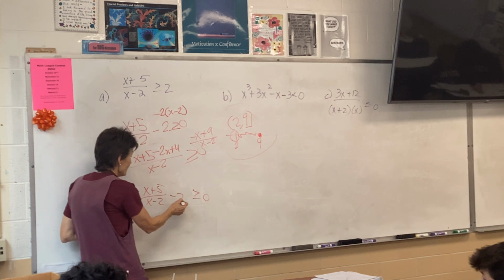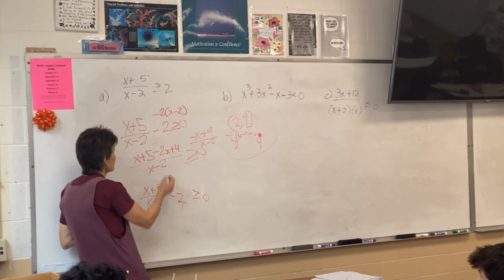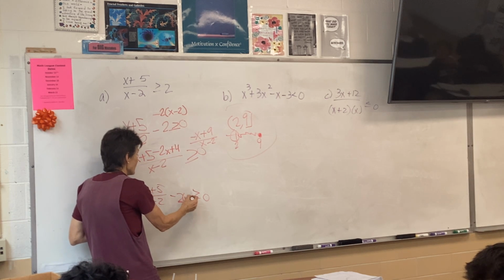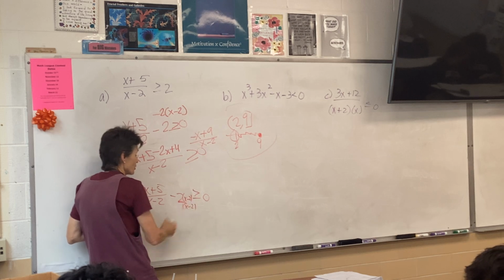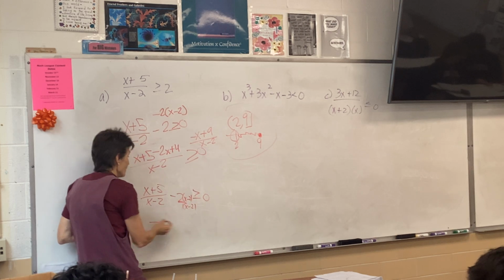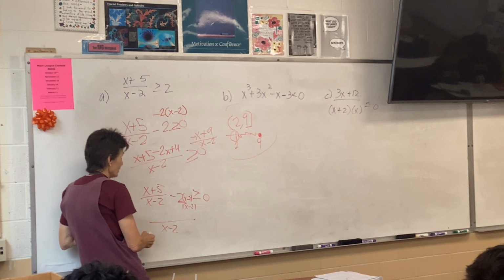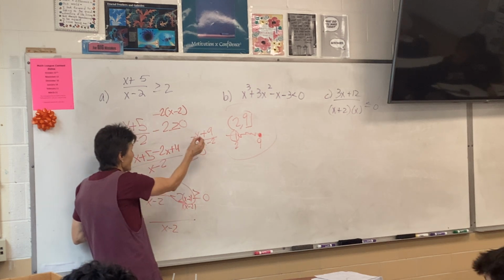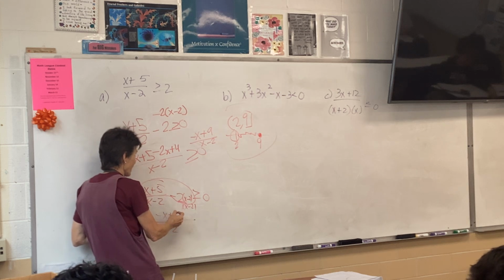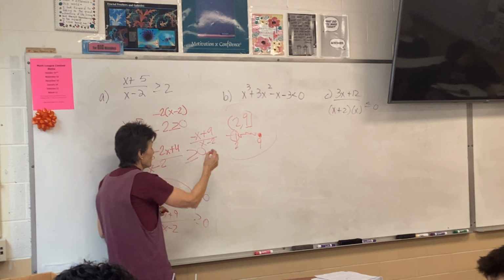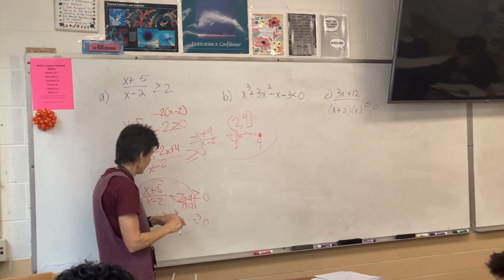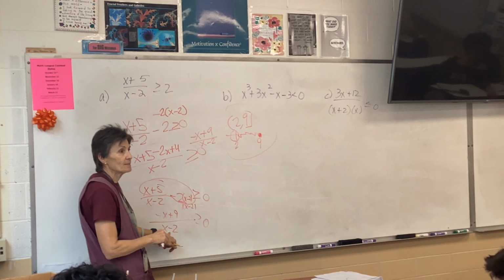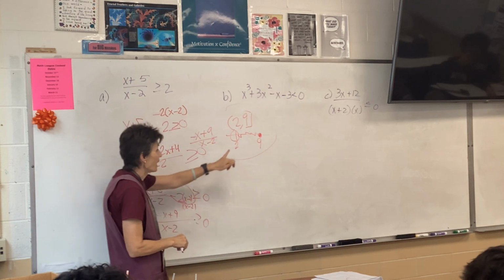They got a common denominator, so they multiplied top and bottom by x minus 2. There's the common denominator, and then they worked through the numerator and got negative x plus 9.